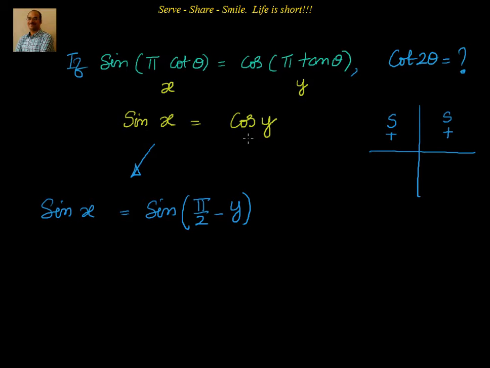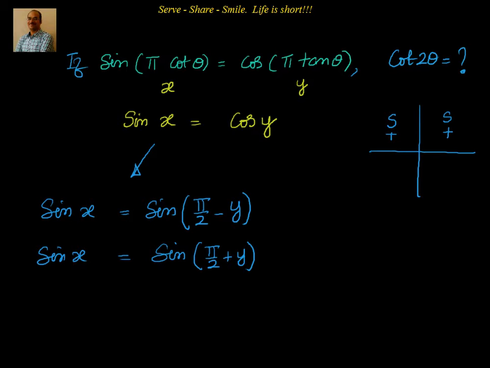That also makes it equal to cos y, because sine is positive in the second quadrant. So I can also write it as sin x equals sin(π/2 + y). These come from keeping sin x as it is and converting the other side into sine.